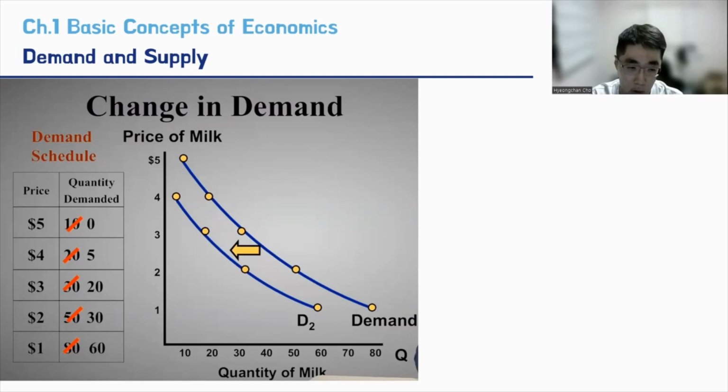Also, if demand decreases, the demand curve shifts to the left, in contrast to a demand increase, right? When demand is increased, the curve shifts right, but when demand is decreased, the curve shifts left because of these kinds of changes.